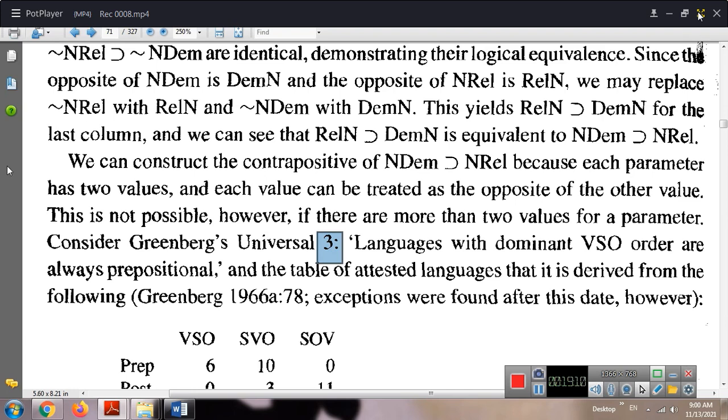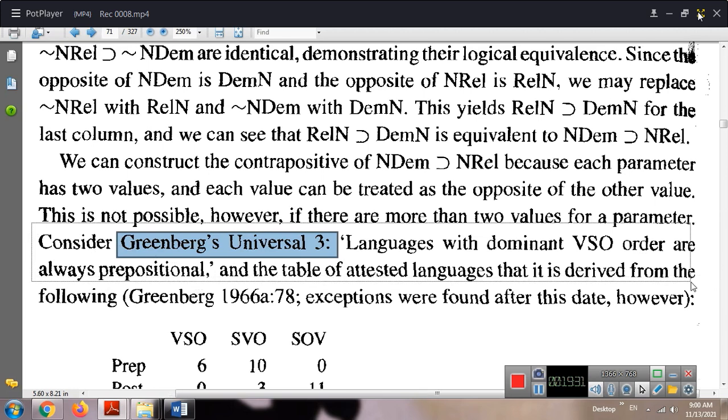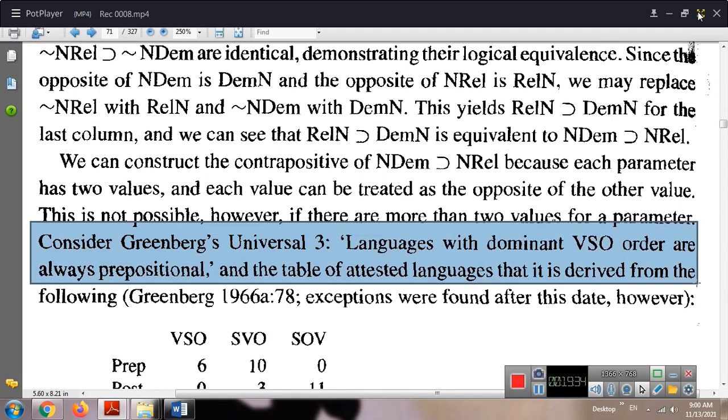Here is Greenberg universal number 3: languages with dominant VSO order, verb, subject, object order, are always prepositional. Okay, it is implicational universal number 3 of Greenberg.